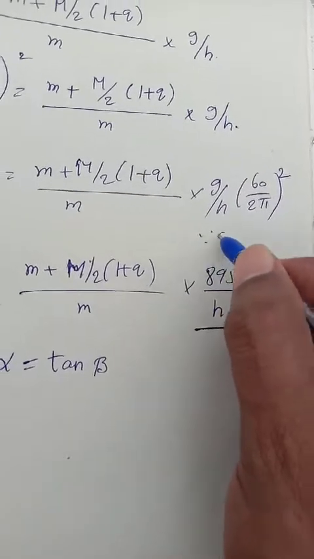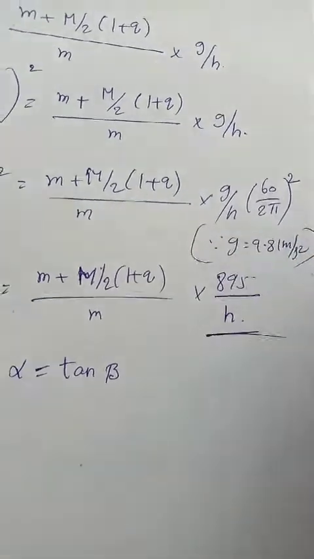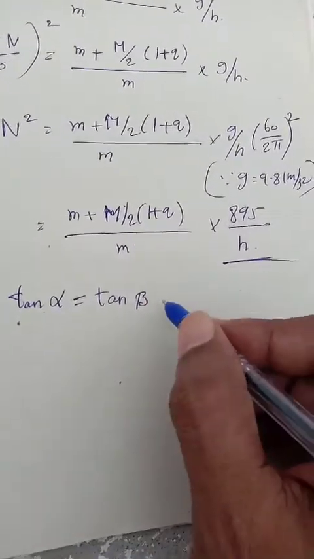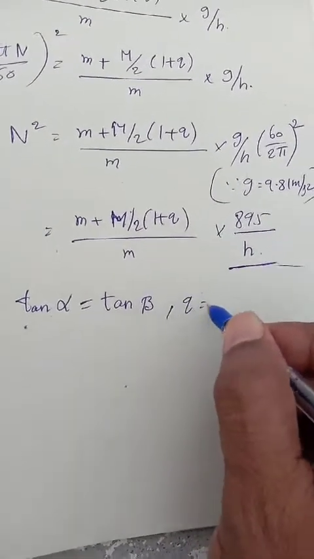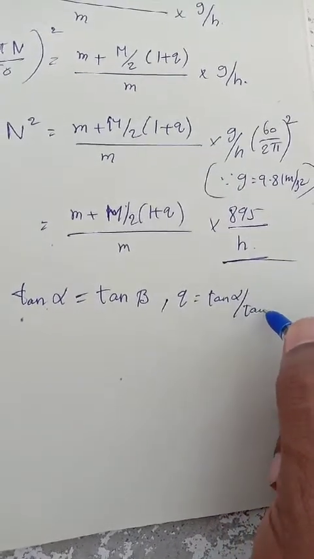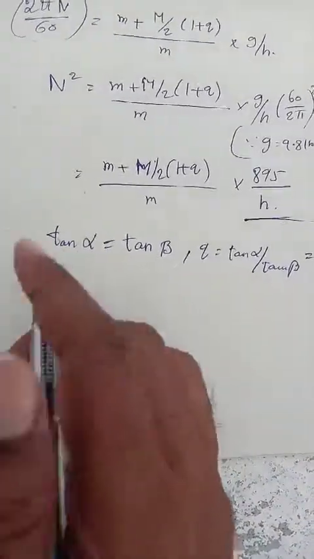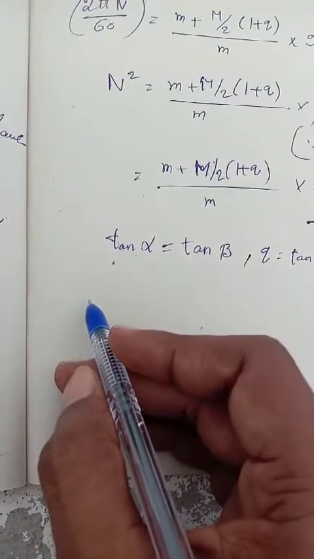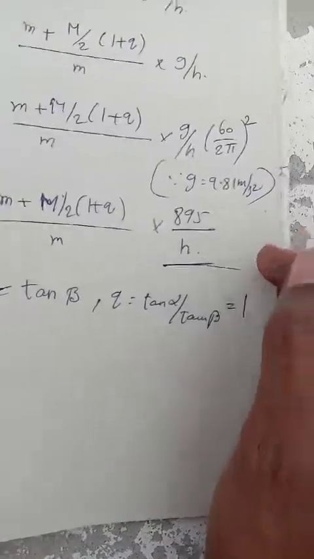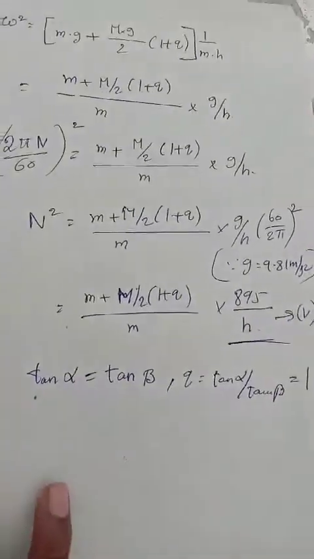Now since g is equal to 9.81 meter per second square, you can take. So here q is equal to tan alpha by tan beta, that is equal to 1.